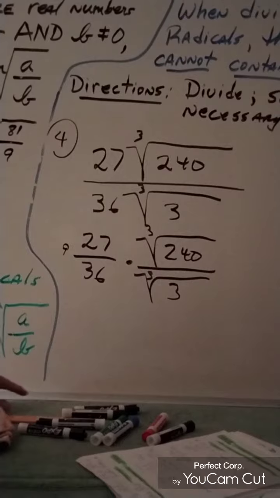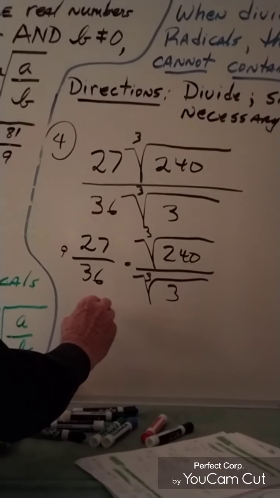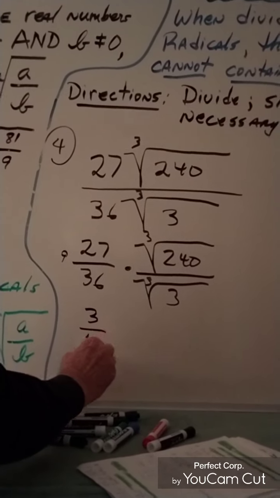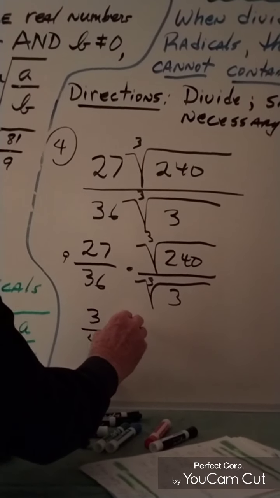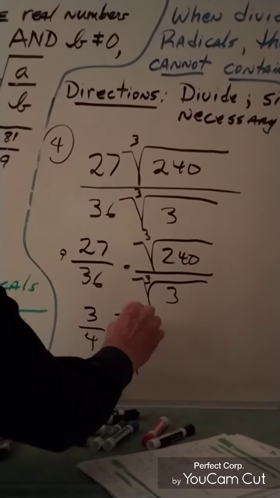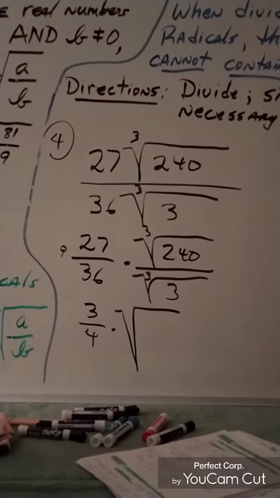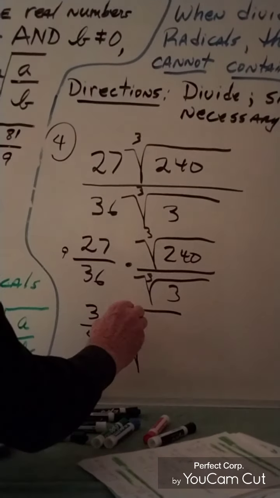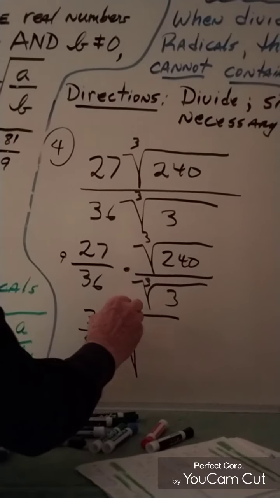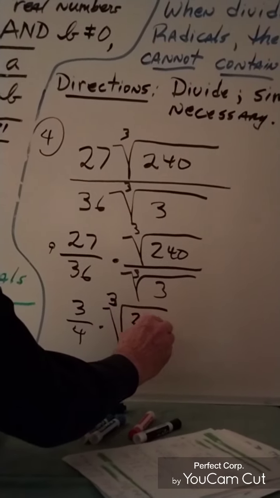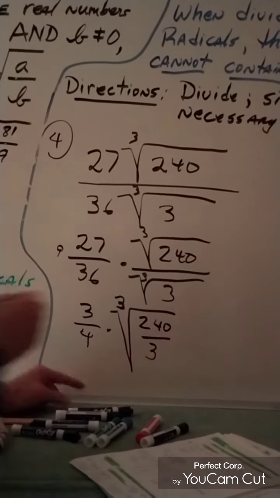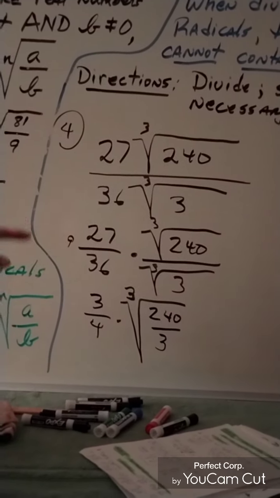And if we divide 9 into both the numerator and the denominator, we'll get 3/4 times, and now we're going to split it and write it under one radical. Cubed root 240 divided by 3. Now let's elevate it up here.